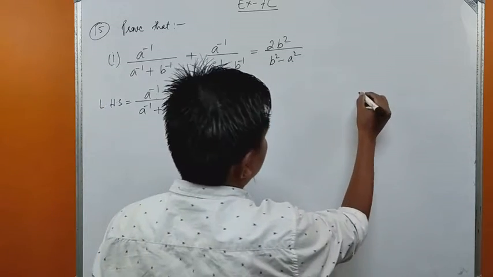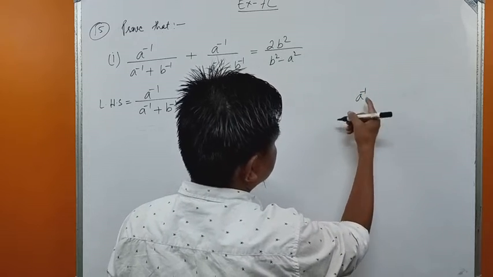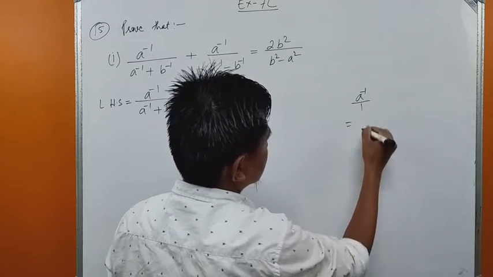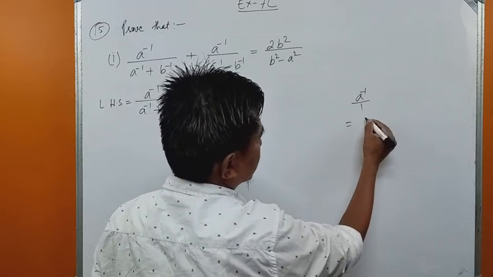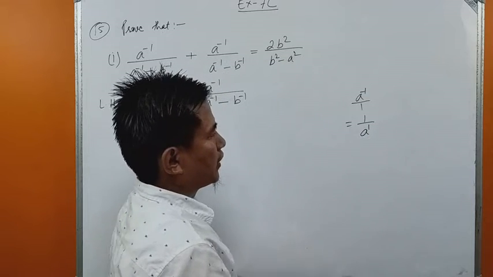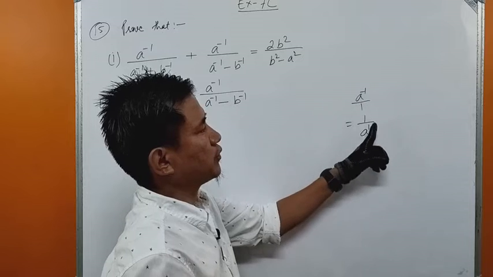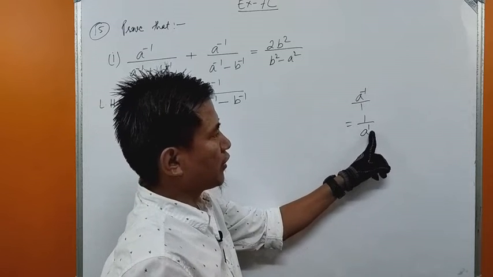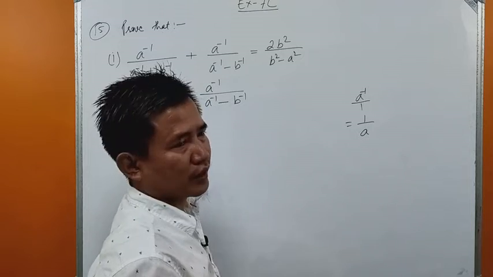So we know that if we have a to the power minus 1, we can bring this number to the denominator, because there is always 1 in the denominator, isn't it? The sign of the power changes to a to the power plus 1, okay. So a to the power minus 1 becomes a to the power plus 1 if we bring this number down to the denominator. Now every number has power 1, so we don't have to mention power 1, okay.